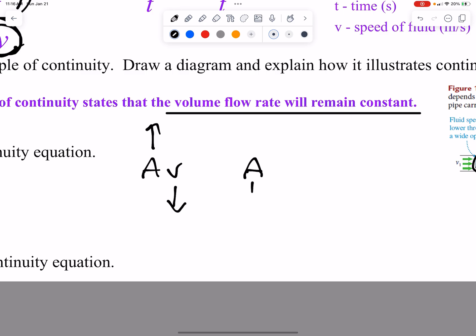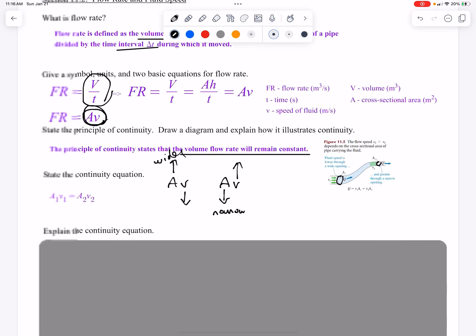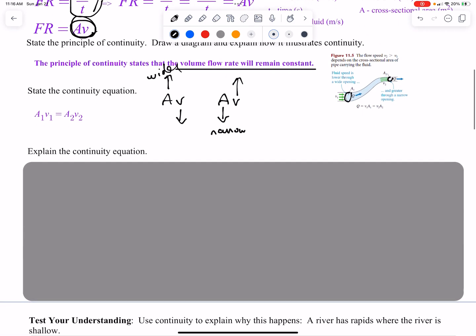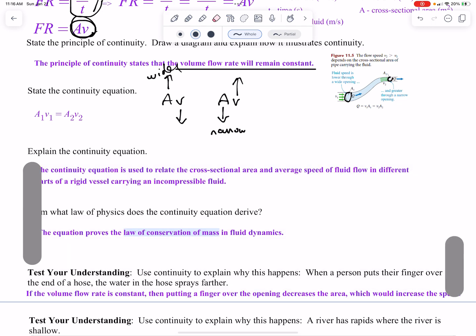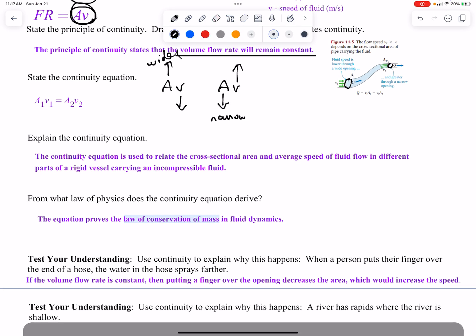Any regions that are narrower, okay, so this would be wider, this would be narrow, are going to have very fast fluid speeds. So the equation of continuity is used to relate the cross-sectional area and the average fluid speed in different parts of a rigid vessel containing an incompressible fluid. So what it's actually demonstrating is the law of conservation of mass.